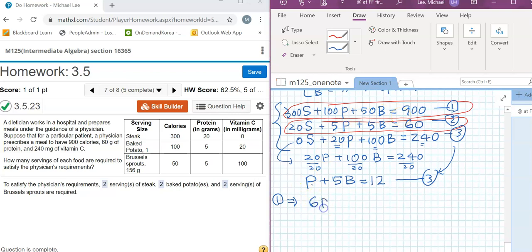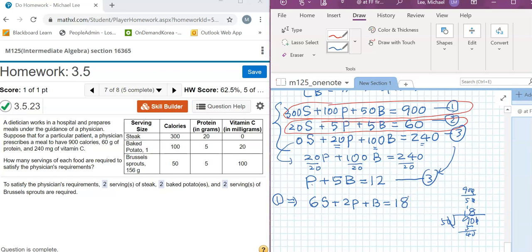Then it's going to be 6S plus 2P plus 1B is 18, because 900 divided by 50 is 18. That is number 1.